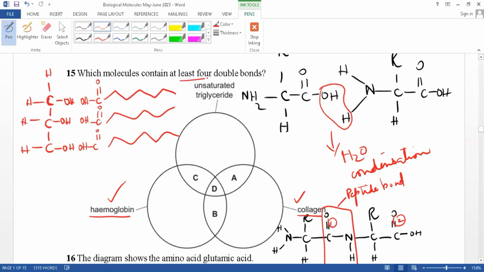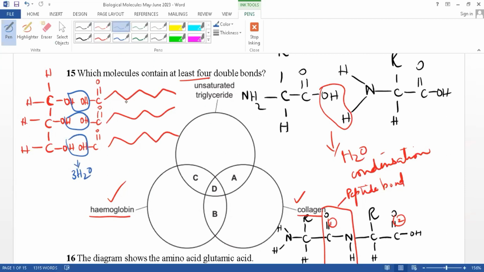They are saying at least 4 double bonds. From here hydrogen and hydroxyl are removed. A condensation reaction takes place, 3 water molecules are produced this way, and this is what a triglyceride is.